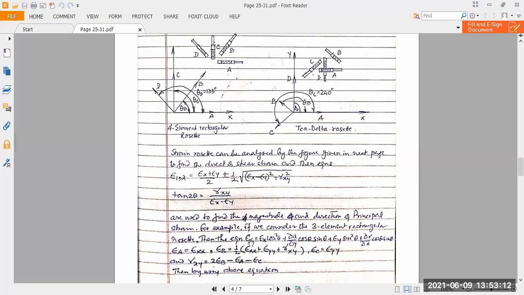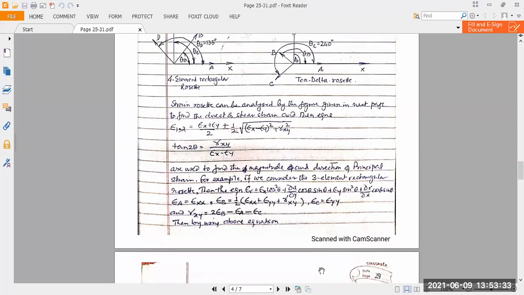Now we can put the value of strain here as epsilon b, the strain here as epsilon a, the strain here as epsilon c, and gamma xy remains as it was.